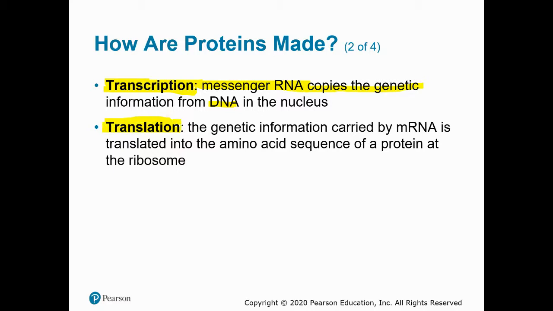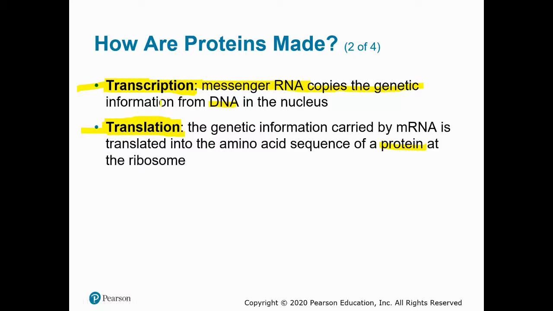And then we translate it. So first we transcribe it from DNA form to RNA form, and then we translate it into protein form, right? So transcription comes before translation. Hopefully that will make sense just as it is, again, just using these words as definition.